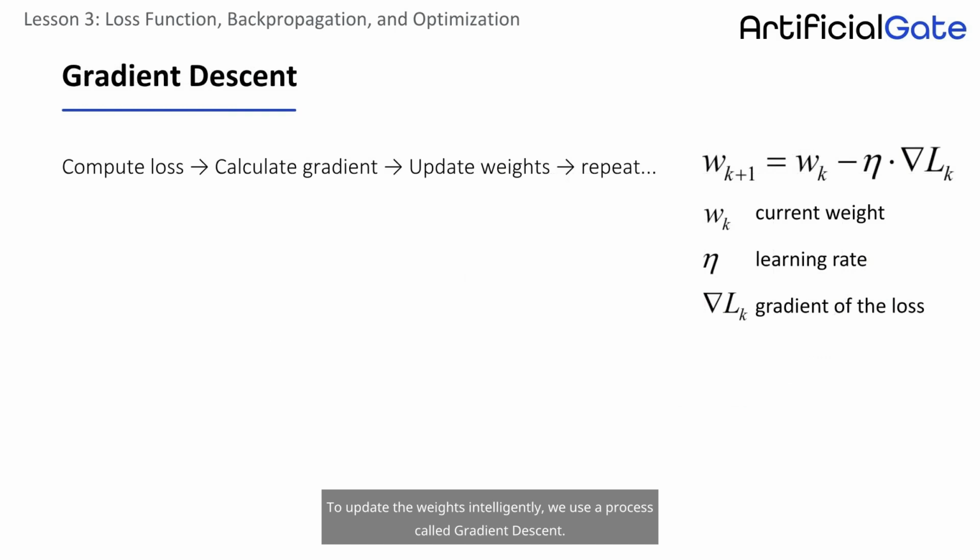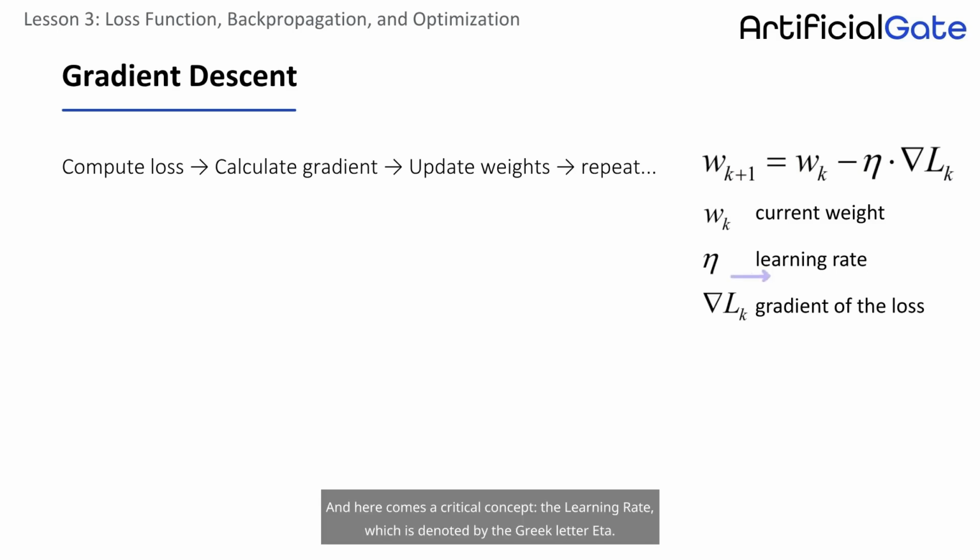To update the weights intelligently, we use a process called gradient descent. This is the main learning mechanism of neural networks, where at each step we calculate the direction of decrease of the loss function and move the weights in that direction, hoping to get closer to the minimum. But the important question arises: by how much should we change?